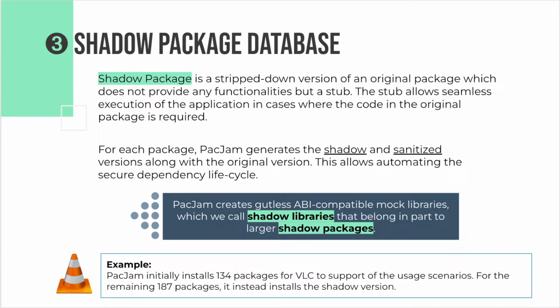PacJam installs shadow packages for all the debloated dependencies of an application. This way, the application has significantly smaller attack surface at runtime and does not load extra packages. In the VLC example, the system initially installs 134 packages to support all the usage scenarios. For the remaining 187 packages, it installs the shadow versions.